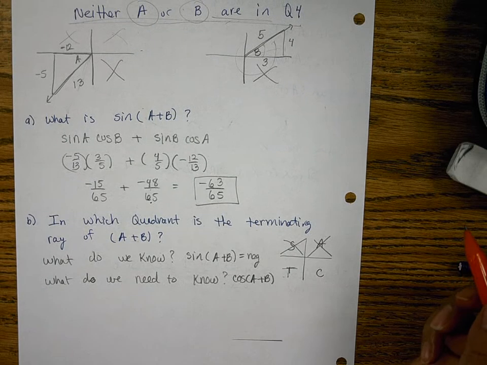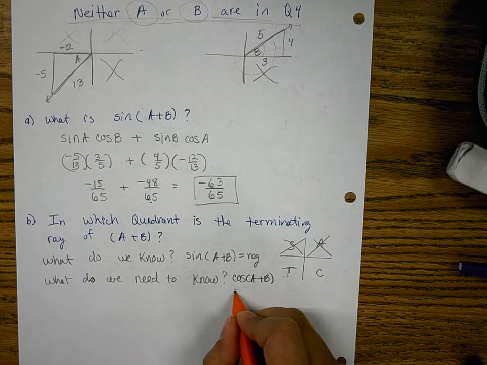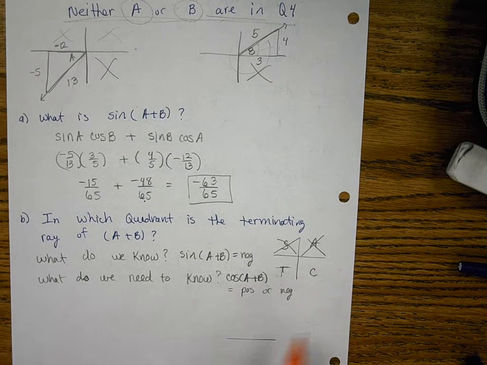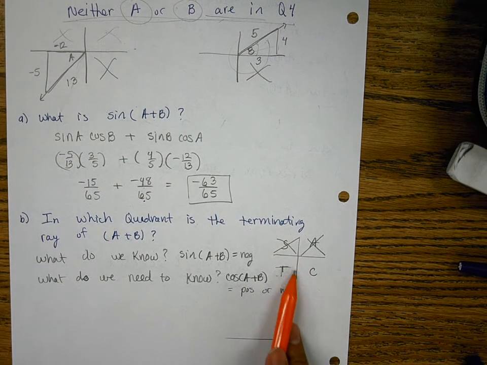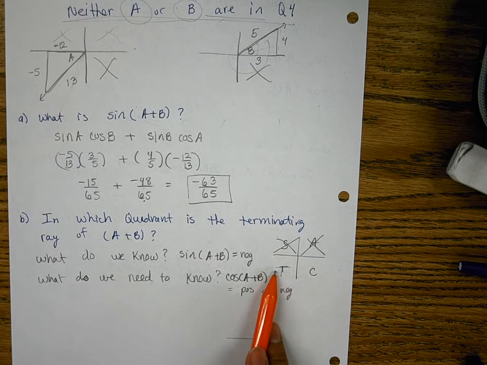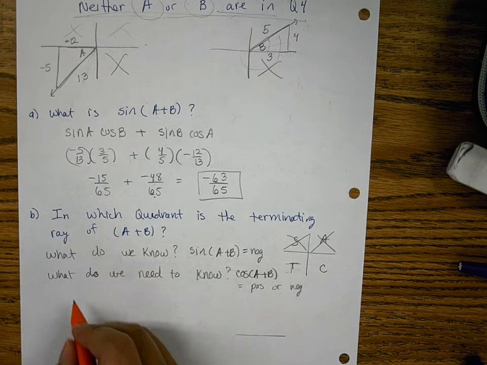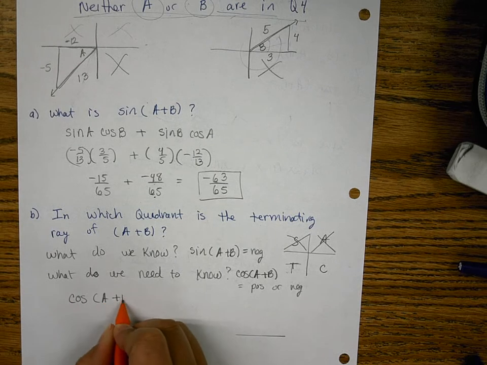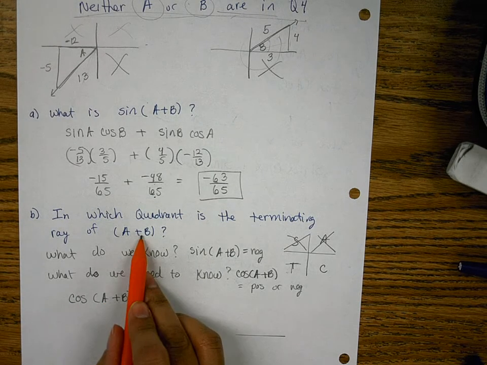So we can figure out what tangent of a plus b is or cosine of a plus b. I would do cosine only because it is easier. We need to know whether it's positive or negative. If cosine is positive, then it's in quadrant 4. If cosine is negative, then it is in quadrant 3.